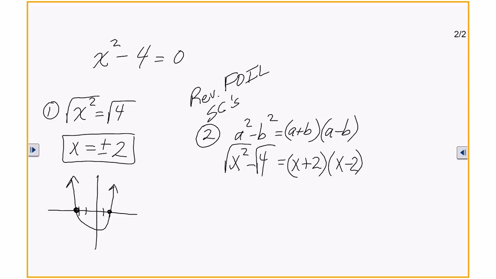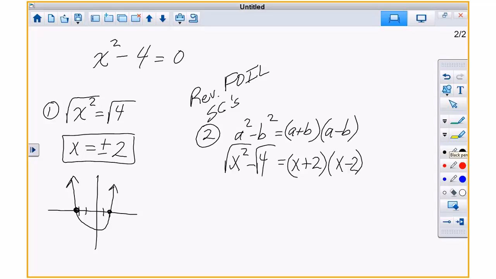Another way you could solve it is using complete the square. Now we don't have a b term, but you can still go through the whole thing of complete the square.